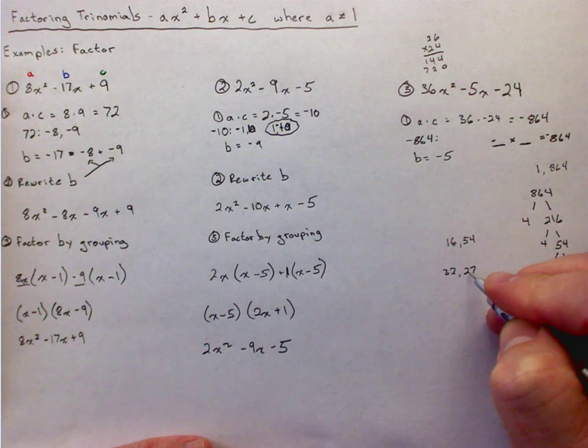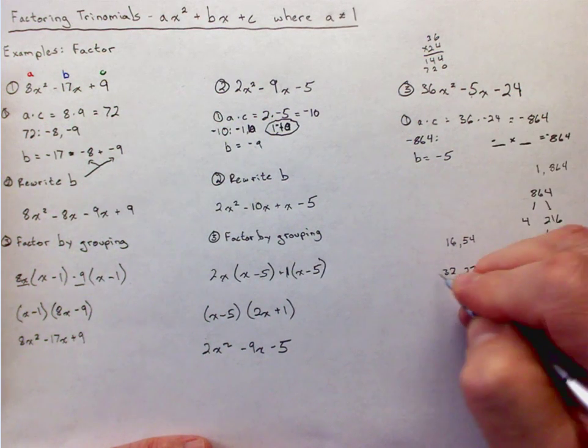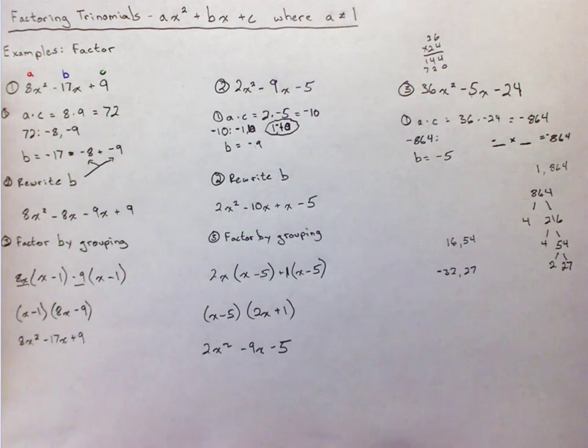What's the difference between those two? 5. I need a negative 5, so I'm going to make my 32 negative. And that's one of the easiest ways to walk down large numbers: do a factor tree and just start pulling out smaller numbers each time. And again, it's multiplying them all together.